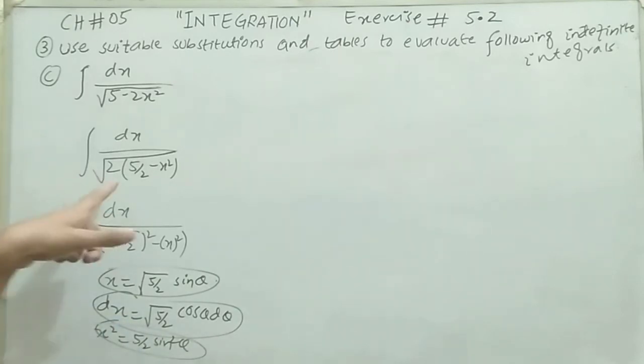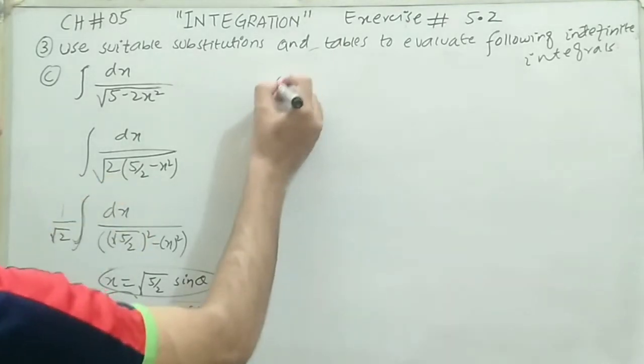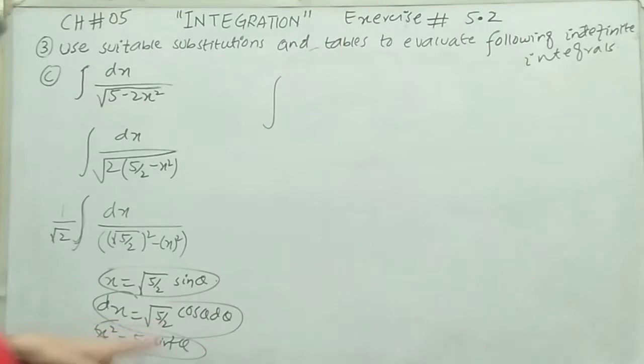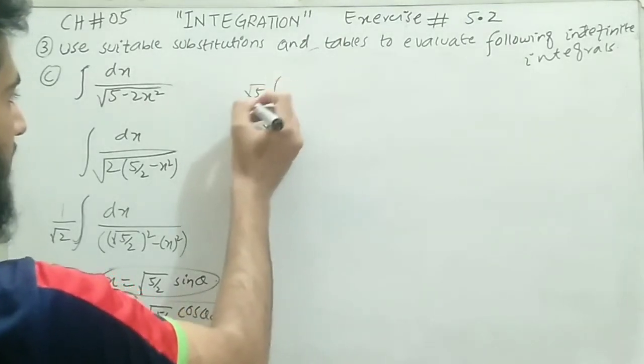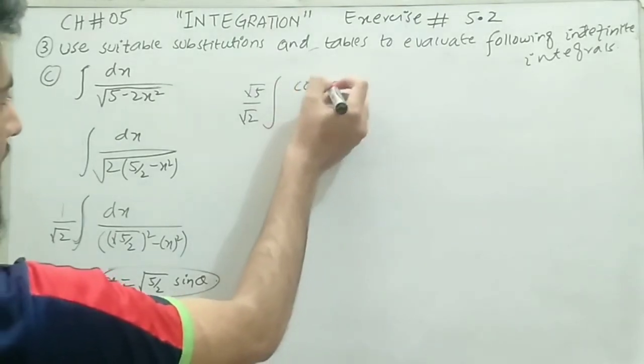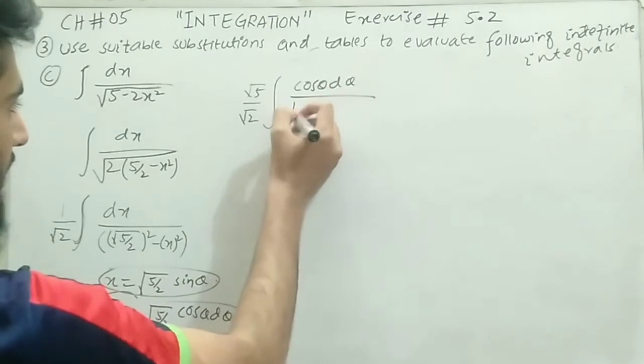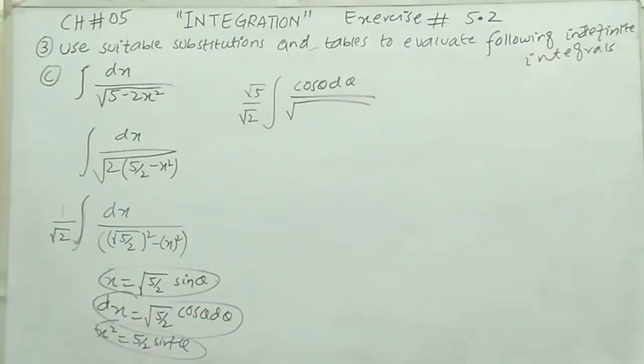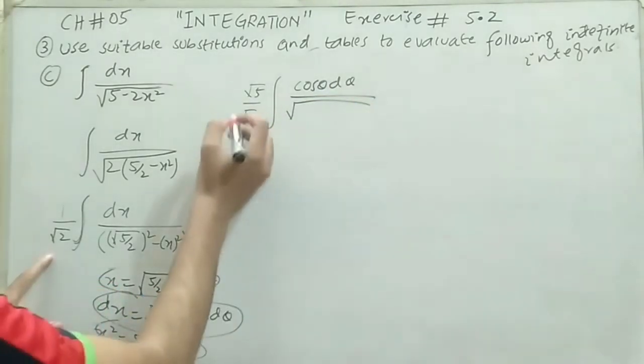Now putting these two values inside, it becomes an integral of dx. So dx is root of pi by 2, which can be written as root pi divided by root 2, and cos theta d theta, divided by the root of, here we have 1 over root 2 already.